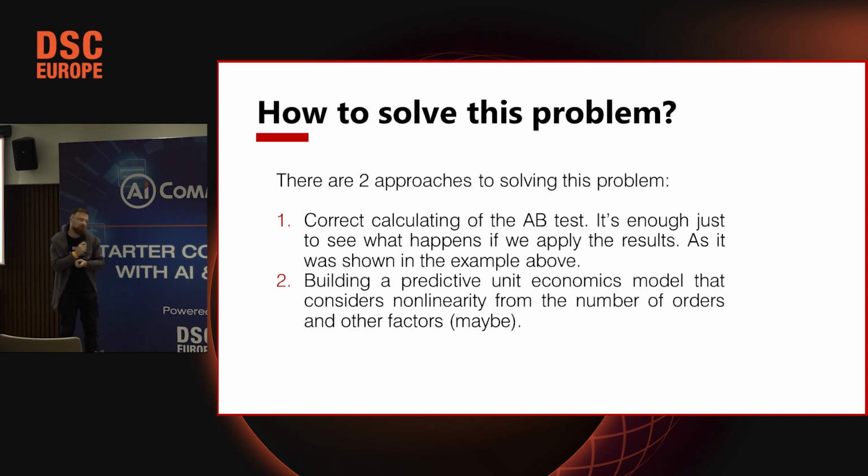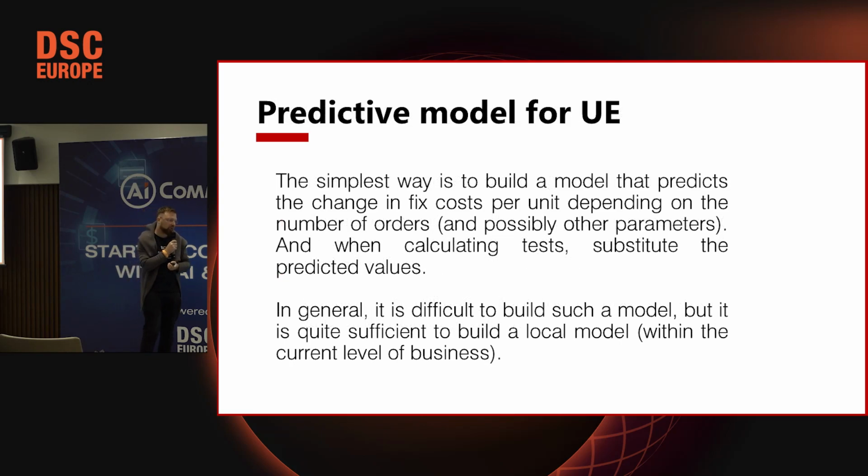It's just to build a prediction model of unit economics. Because actually it's not very hard, and for an A/B test it's necessary if your fixed cost is an important part of your unit economics. Building a predictive model of unit economics dependent on orders in general is very hard, because we have a lot of unpredictable things: advertising, our clients, the distribution across the city, discounts, Black Friday, I don't know.